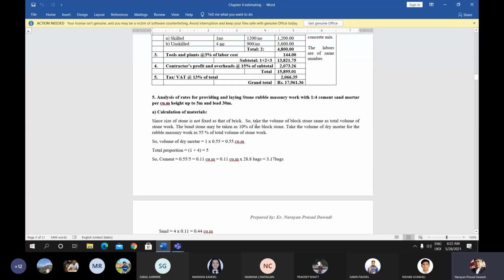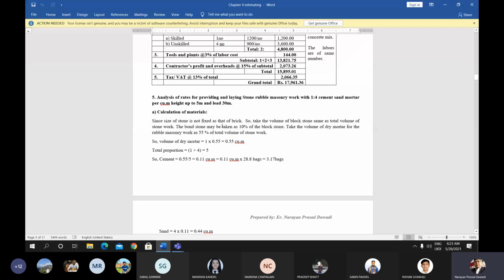The dry volume of the mortar for the stone masonry work can be taken as 56% or 55% of the total volume of the stone masonry. This is the condition, that's why I have already mentioned here.